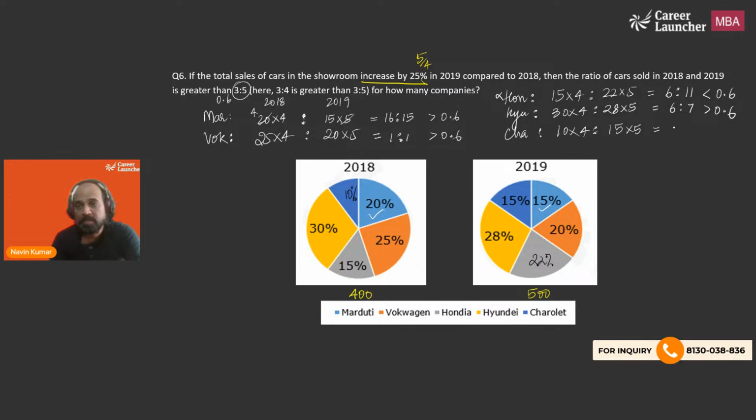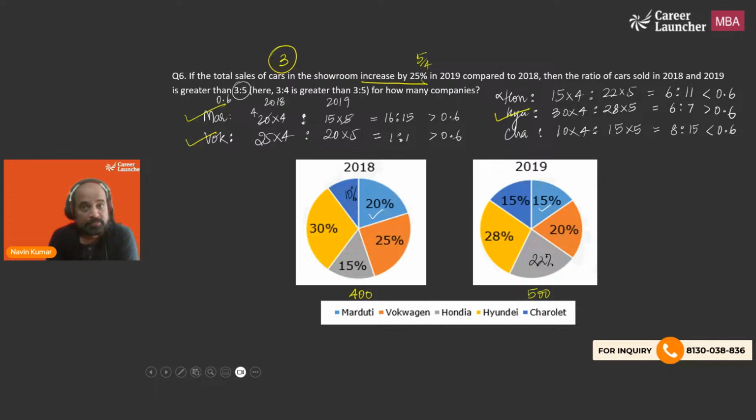So it's going to be 8 is to 15, which is definitely not 60%, because 60% of 15 is 9. So definitely less than 0.6. So for how many of these companies is the ratio of cars sold in 2018 and 19 greater than 3 is to 5? It's Maruti, Volkswagen, and Hyundai. So 3 of them.